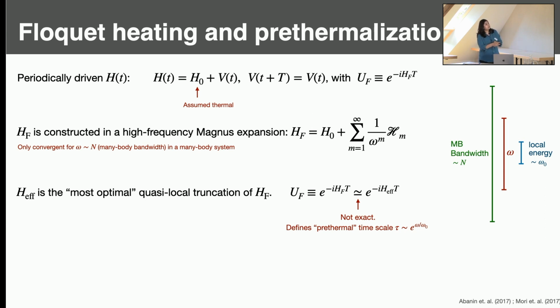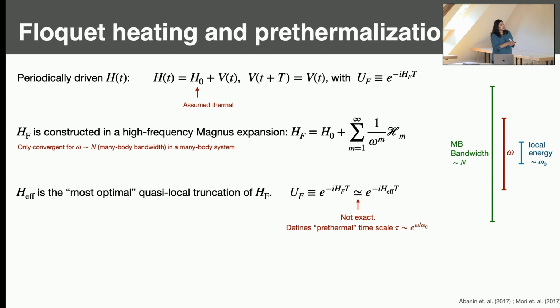So when omega is much bigger than omega naught, but still much smaller than the full many-body bandwidth, you can truncate this Floquet Magnus expansion to some most optimal quasi-local Hamiltonian, which we'll call H effective. This H effective describes the dynamics for very long time scales, which scale exponentially with omega over omega naught. So this is still an order 1 time scale, but it's still large.